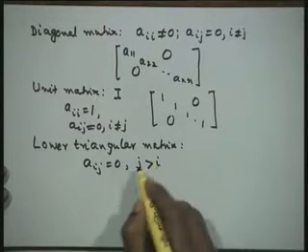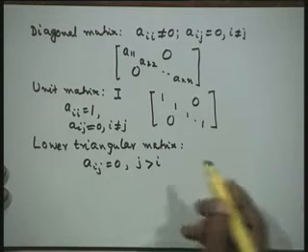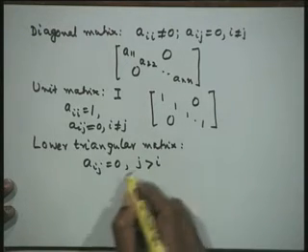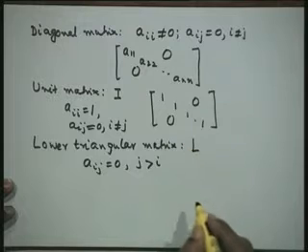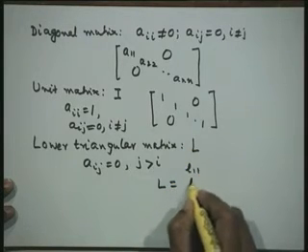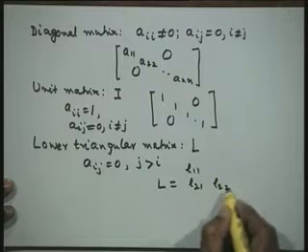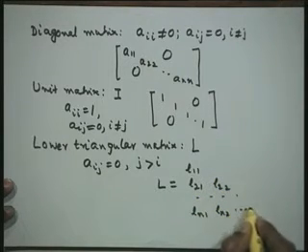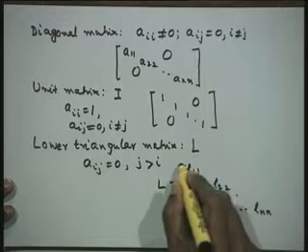That means we are talking of A12, A13, all of them are 0. I will denote this lower triangular matrix by L. So I will write down the matrix L as L11, L21, L22, up to Ln1, Ln2, Lnn.